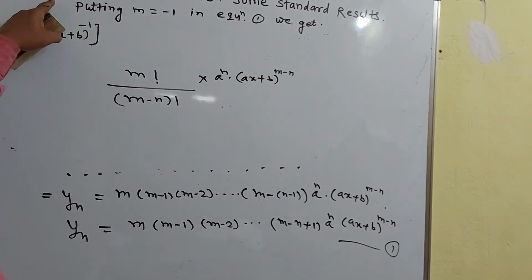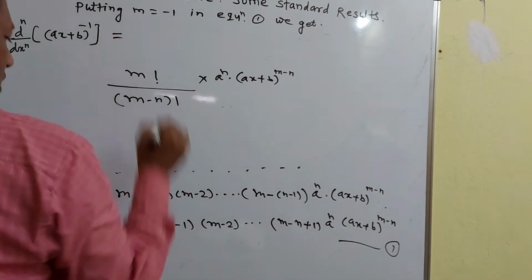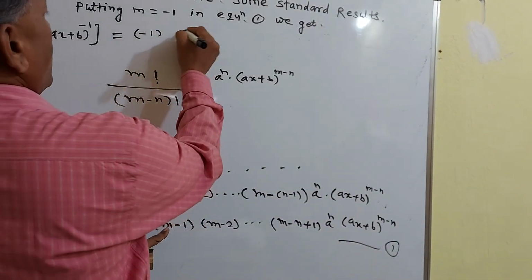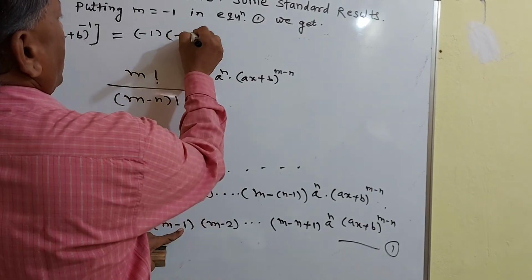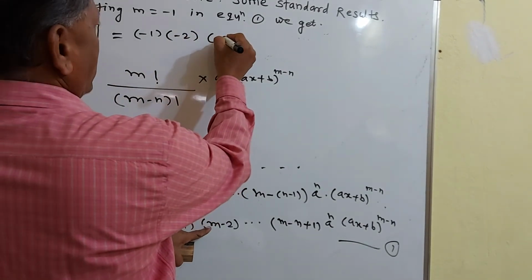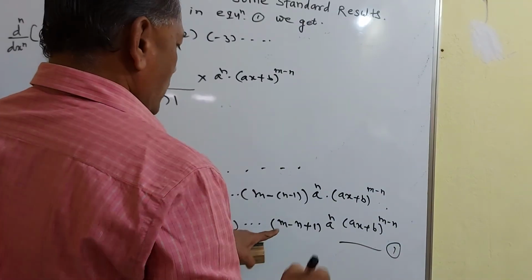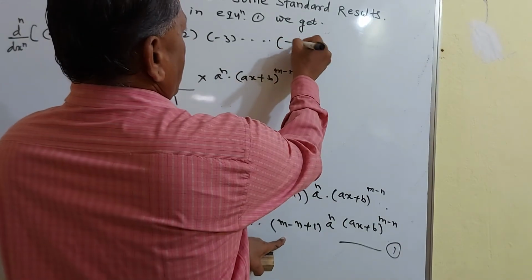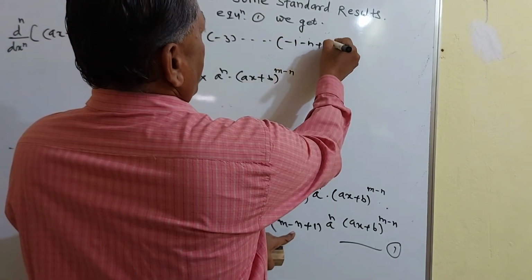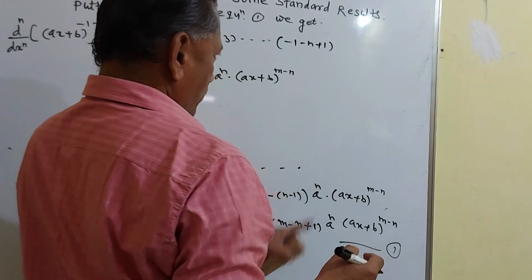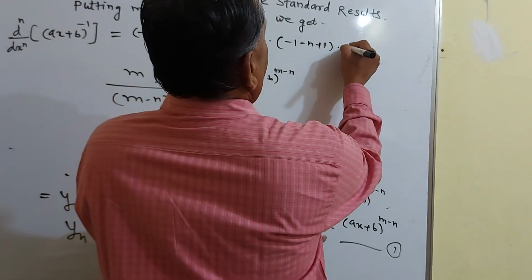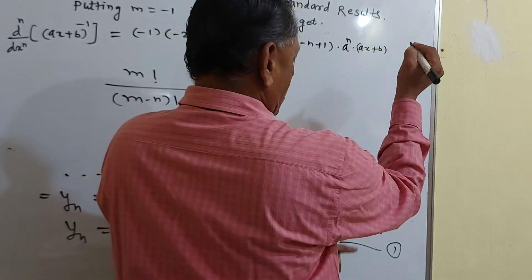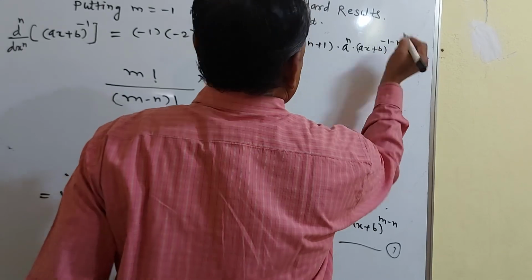The nth derivative of 1 upon ax plus b is equal to, m is minus 1, into minus 1 minus 1, minus 1 minus 2, minus 1 minus 3 up to the m is equal to minus 1 minus n plus 1. So minus 1 plus 1 becomes 0, into a raised to n into ax plus b raised to m is minus 1 minus n.